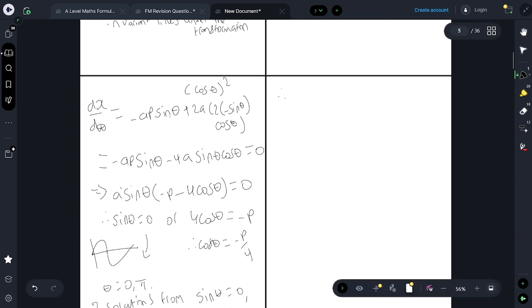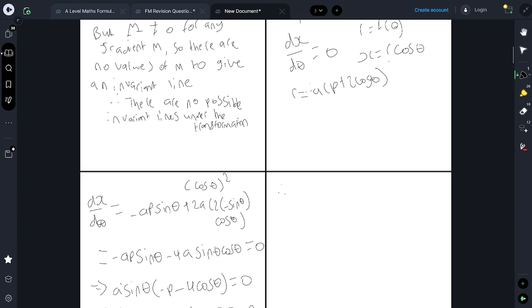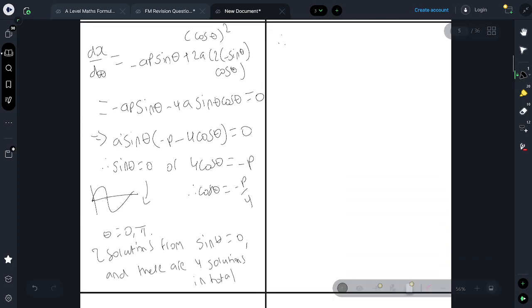But because we're working between 0 and 2 pi here, the angle will be unique to every point on the curve. So if there are 4 different solutions to theta, there will be 4 points, right? So there has to be 4 solutions for theta here. Okay, so there are 4 solutions total, and they take 2 away. So therefore, 2 solutions must come from cos theta is minus p over 4.